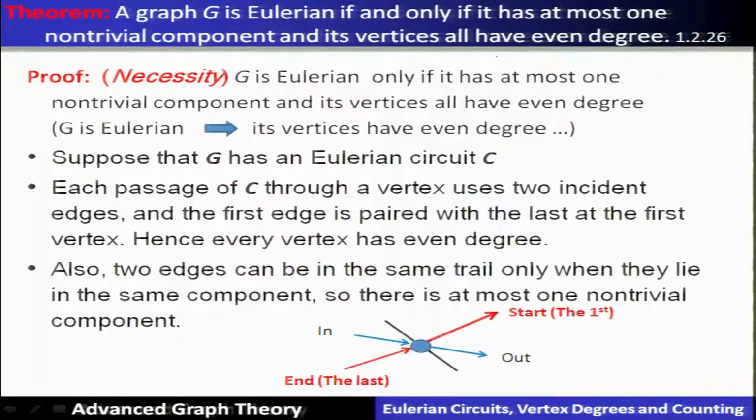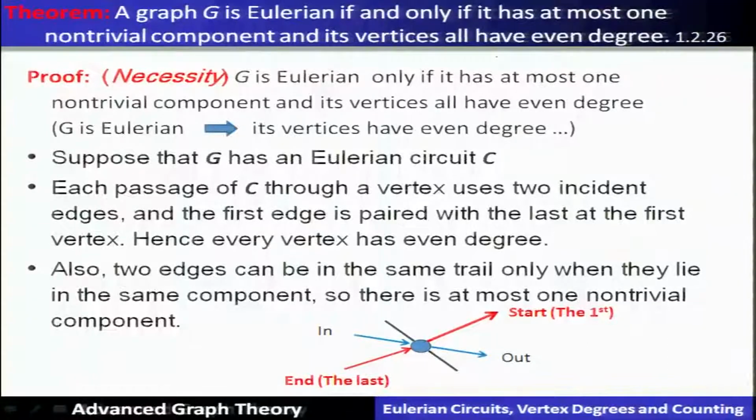Now, this is an important theorem which was stated by Euler himself, but Euler could not prove it. Another famous mathematician proved this theorem after several years. The proof came quite late. Let us see this important theorem, which states that a graph G is Eulerian if and only if it has at most one non-trivial component and its vertices all have even degrees.